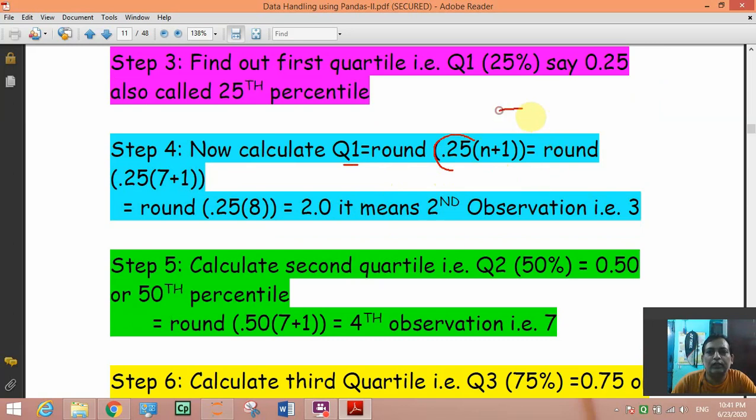N is 7, the number of students who appeared in the examination. So 0.25 into n plus 1, that is 7 plus 1, 8. 8 into 0.25 becomes 2.0, and 2.0 means the second observation.